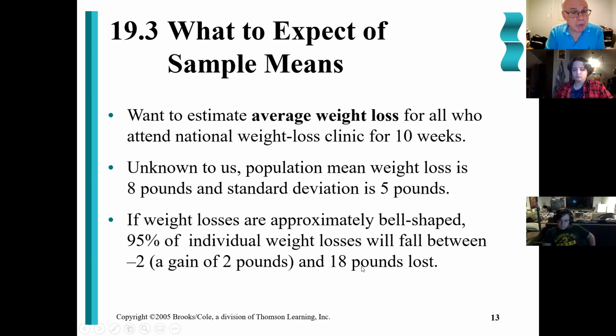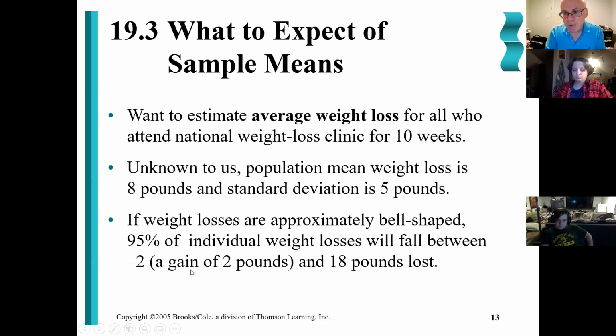Now, where did they come up with this? Well, 95% is plus or minus 2 standard deviations. A standard deviation is worth 5 pounds, so 2 standard deviations is 10 pounds. 8 minus 10 is -2. 8 plus 10 is 18. And by the way, a weight loss of -2 means you've actually gained weight.